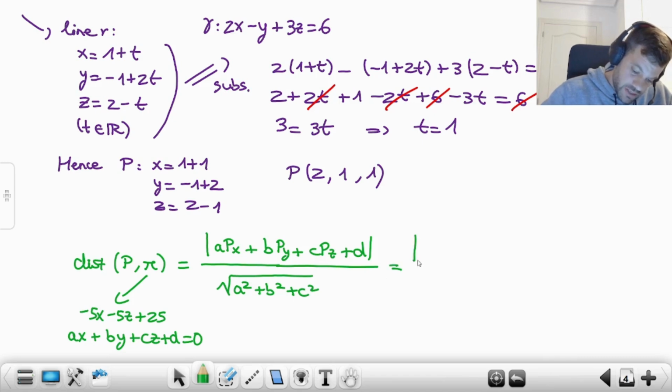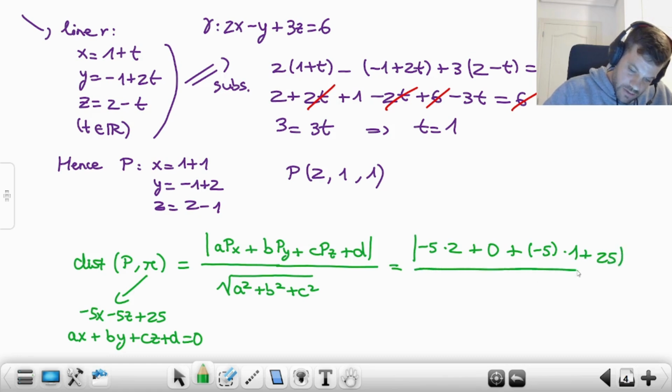So more specifically, in this case, it would be minus 5 times 2, then plus 0 times y, since b equals 0 for this plane, there's no y, plus c times pz, so minus 5 times 1, plus 25, divided by the square root of a squared, negative 5 squared, plus b squared, which is 0, plus c squared, minus 5 squared.